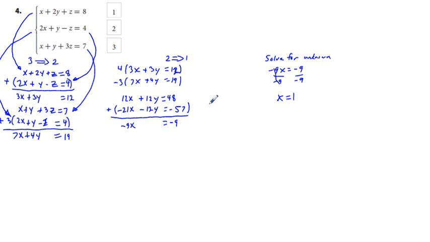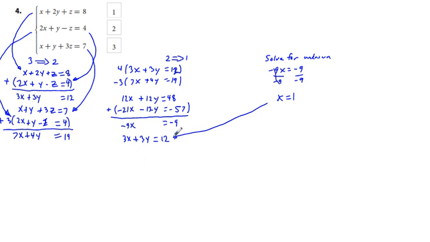And now we can go back to one of our equations earlier. So I'm going to take this first one. We take 3x plus 3y equals 12. We're going to substitute in 1 for x.